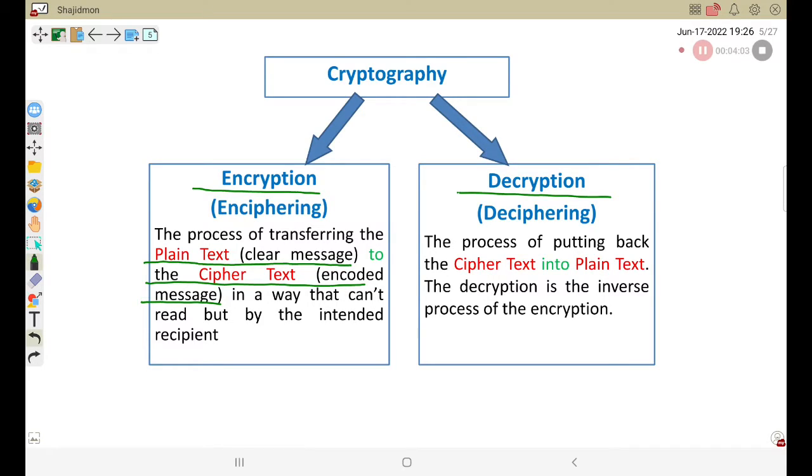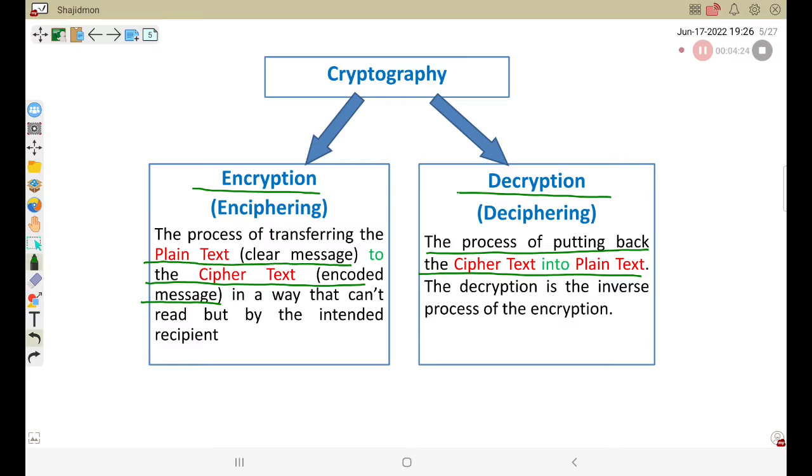Now the opposite of encryption is decryption. That means the process of putting the cipher text back into the plain text. So decryption is the inverse process of encryption: whatever we did in encryption, the reverse, inverse process is decryption.